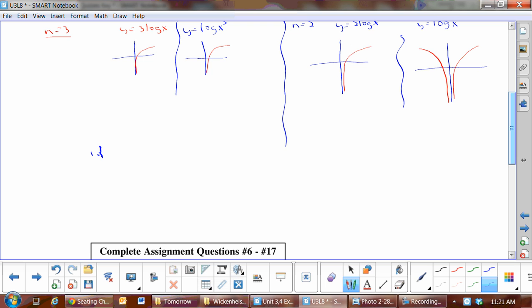If n is odd, y equals n log x is identical to the graph y equals log x to the n.